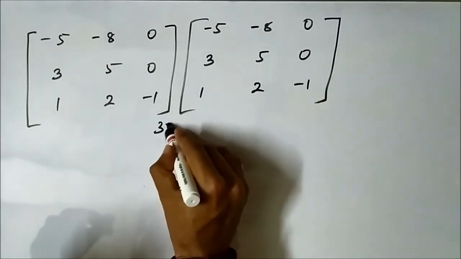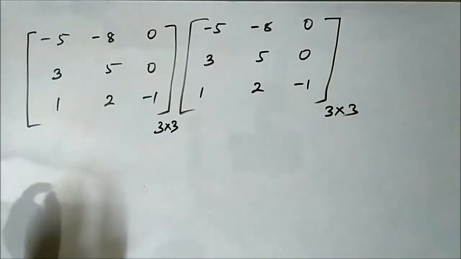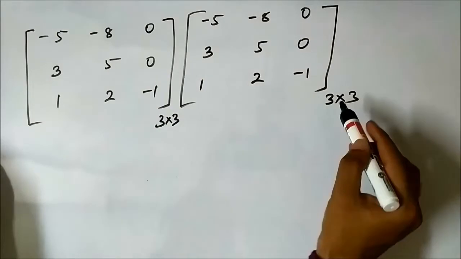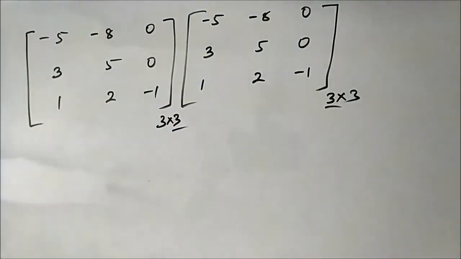So both are square matrices of order 3, so we can easily multiply them, as the number of columns of the first matrix is equal to the number of rows of the second matrix. This is the important condition for matrix multiplication.